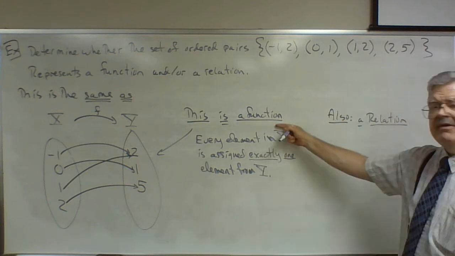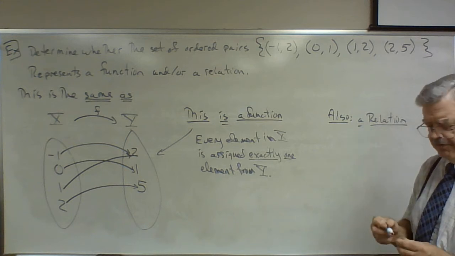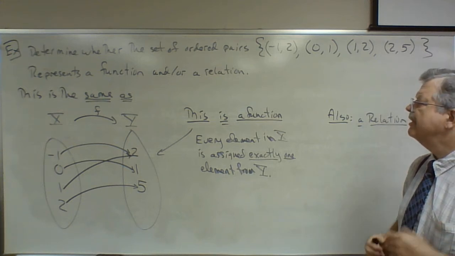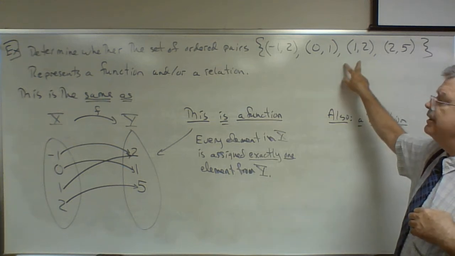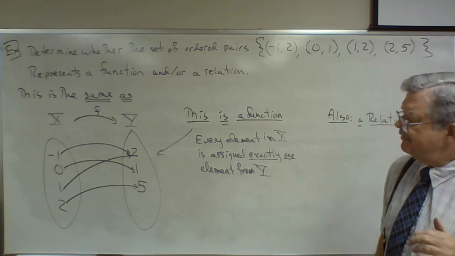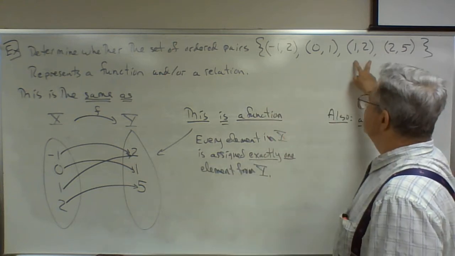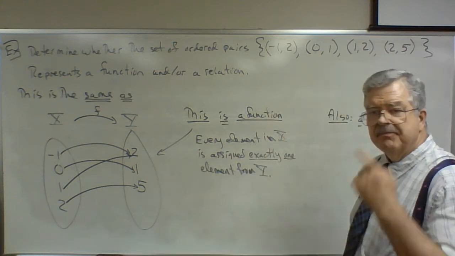And since every function is a relation, this is also a relation. Now let's focus on this example a little bit more, but instead of looking at this diagram, we'll look at the ordered pairs.